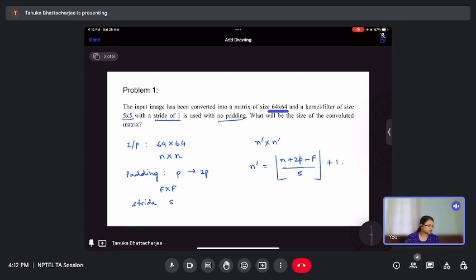That's what we derived last day. This formula is used for computing the size of the convoluted matrix.